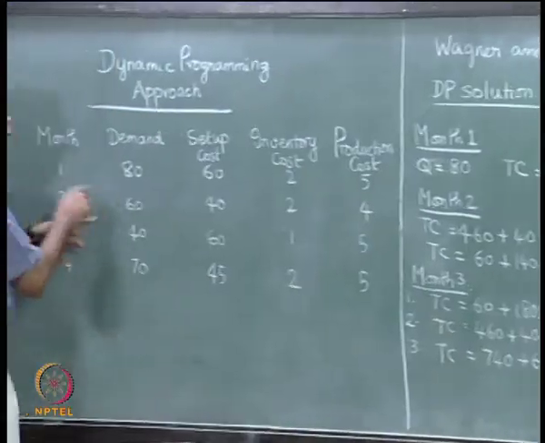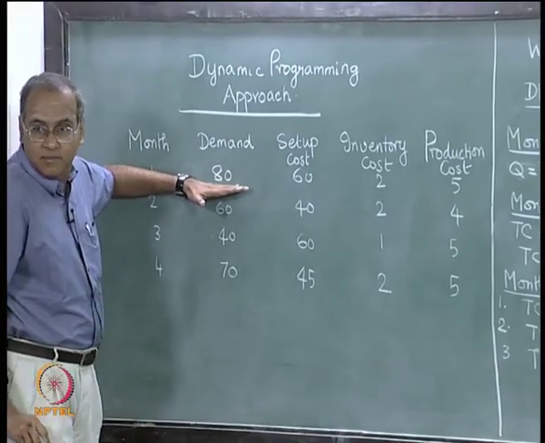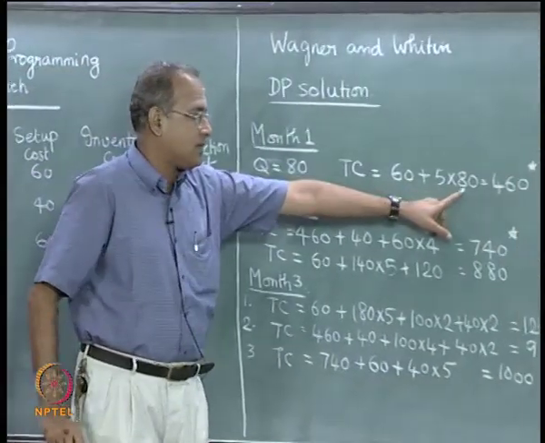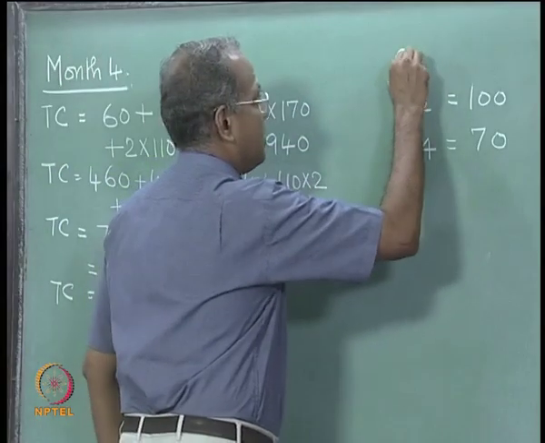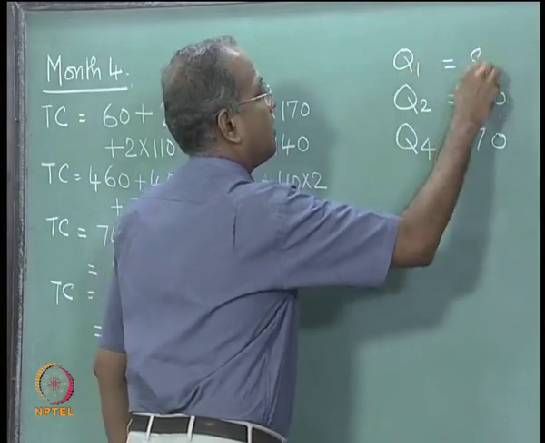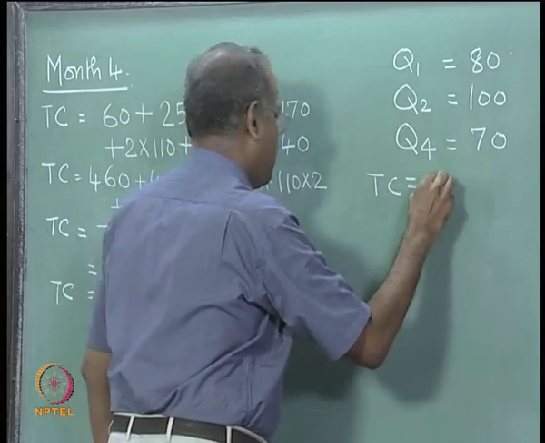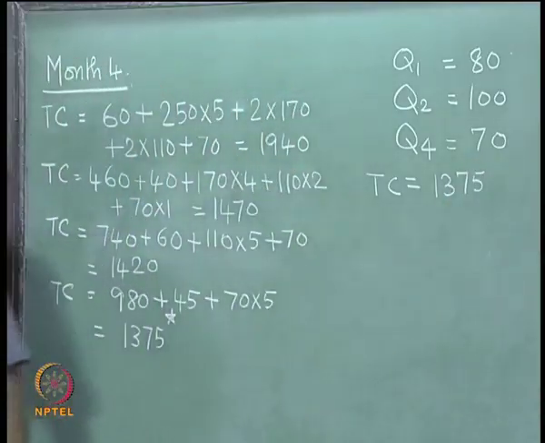Indirectly, you also realize that here I have produced 100. So, I have to look at the optimization here, which happens at this point, production quantity is 80. So, Q1 is equal to 80. Now, total cost is equal to 1375.